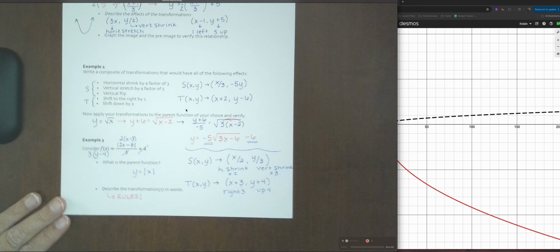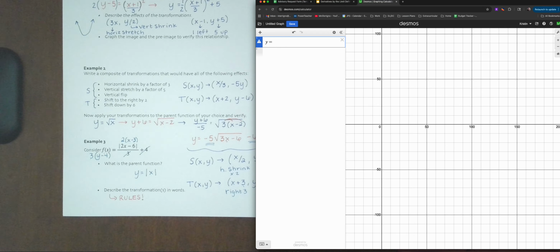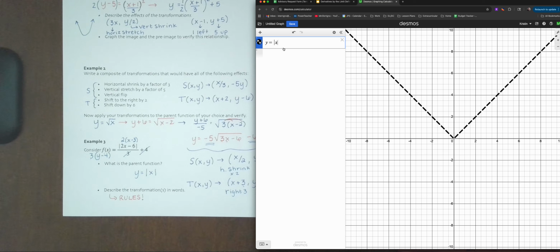Okay. One more time with Desmos here. We said our parent function was absolute value of x, so here's that, absolute value of x, okay? Get it nice and centered. The original equation they gave us was y equals absolute value of 2x minus 6, divided by, sorry, I lost my place on my paper.